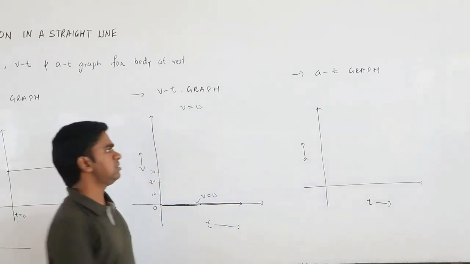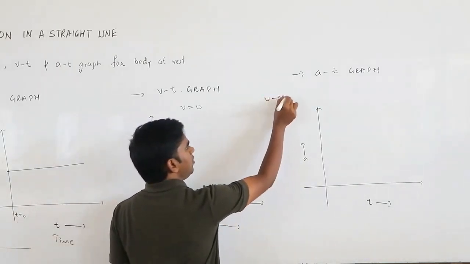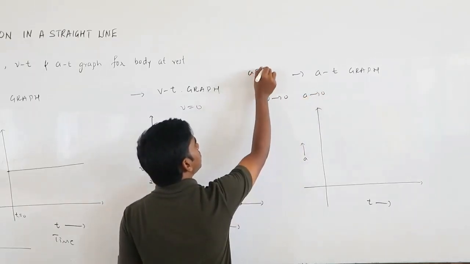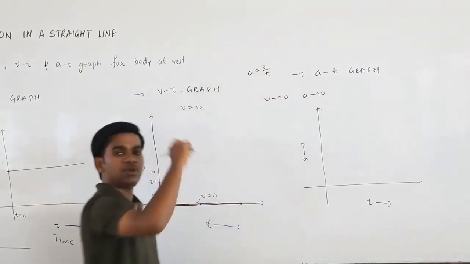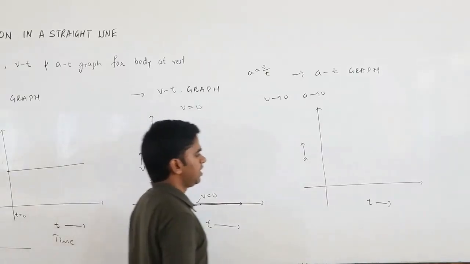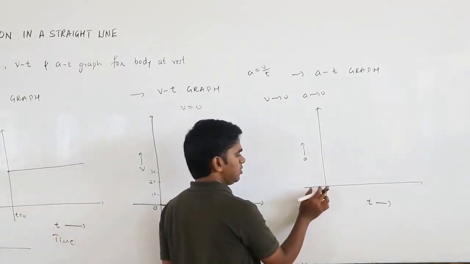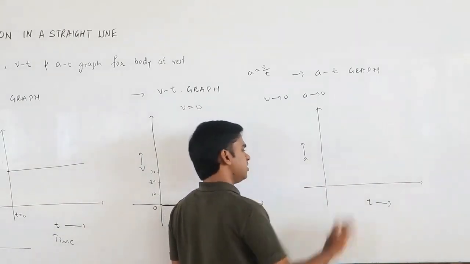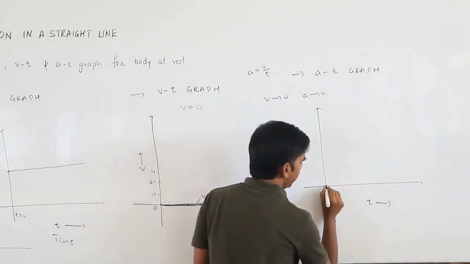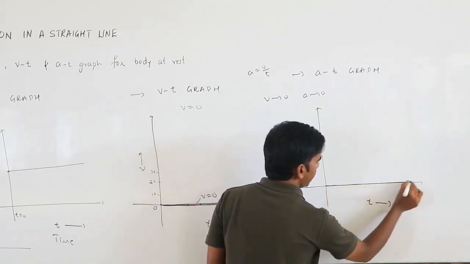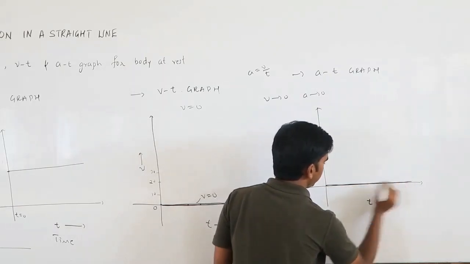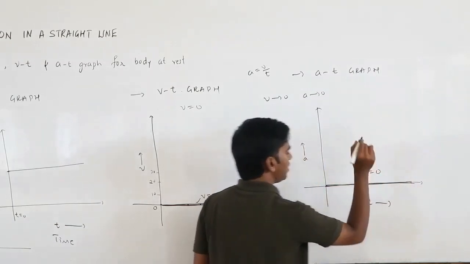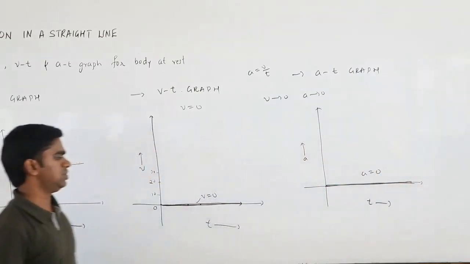So if v is 0, then acceleration is also 0, because acceleration is the rate of change of velocity. So that is why, when t is 0, acceleration is 0, when t is 1, acceleration is 0, when t is 100, then also acceleration is 0. So again you will get the graph on the x-axis. So this is what your graph is going to be. So acceleration is also 0. Okay.